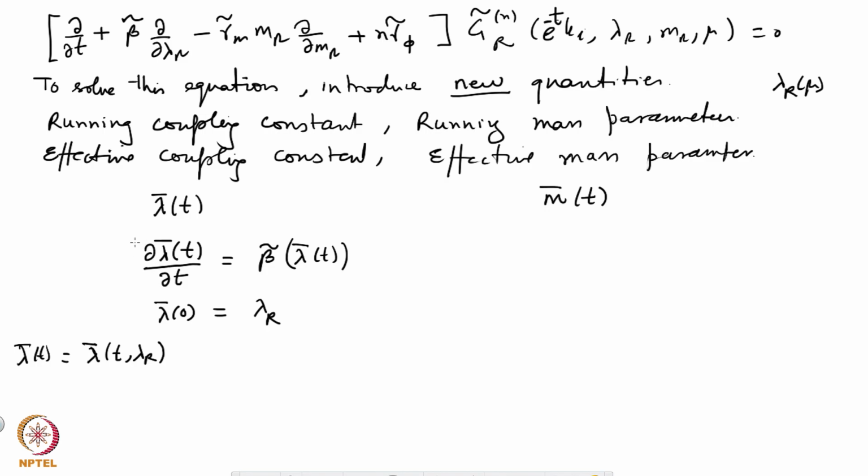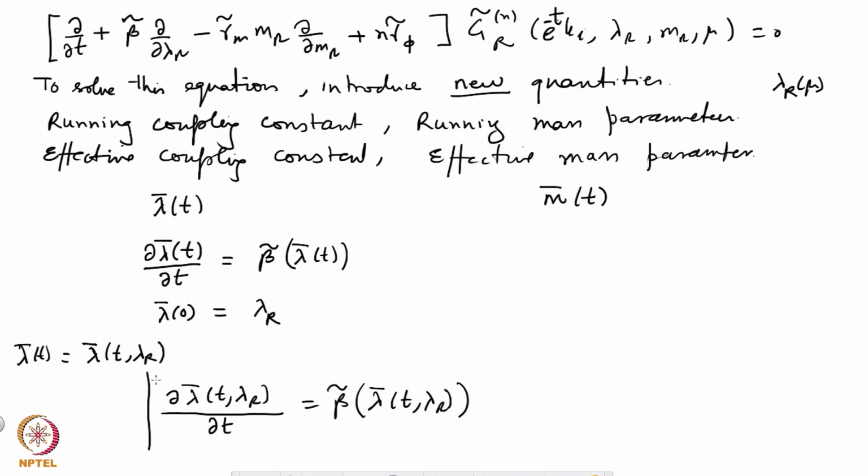So I will also just rewrite this defining differential equation using this fact. So delta lambda bar of t, lambda r, over delta t is beta tilde of lambda bar of t, lambda r. That is our defining equation. I could have written this one first, without doing it this way, but just wanted to convey how lambda r comes about. So this is the defining equation of the running coupling constant.